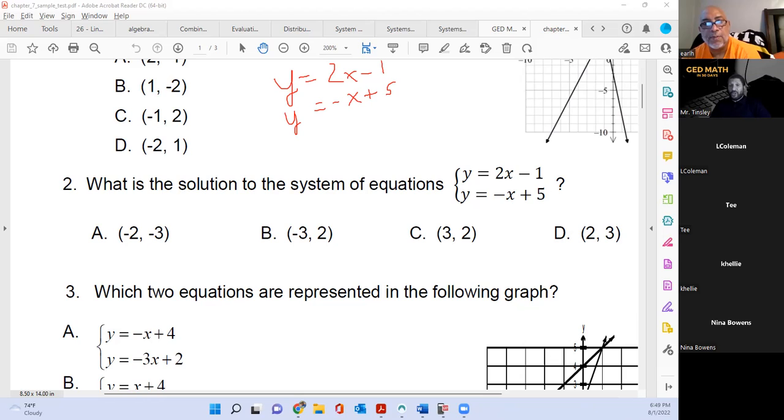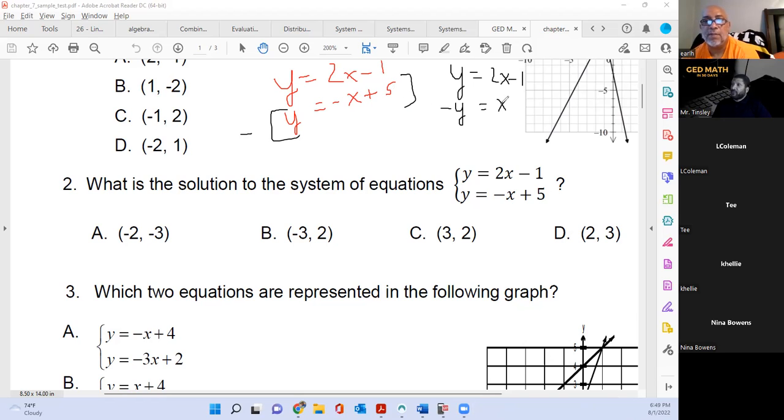There are two ways you can do it. Both equations have y, so let me get rid of the y first. Let me multiply the entire second equation by negative 1. So I have y equals 2x minus 1, and then minus y equals, what's the opposite of negative x? Positive x.